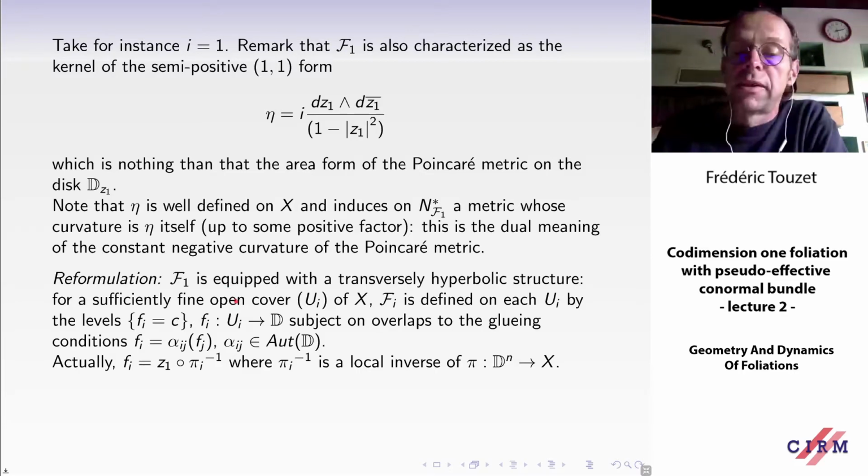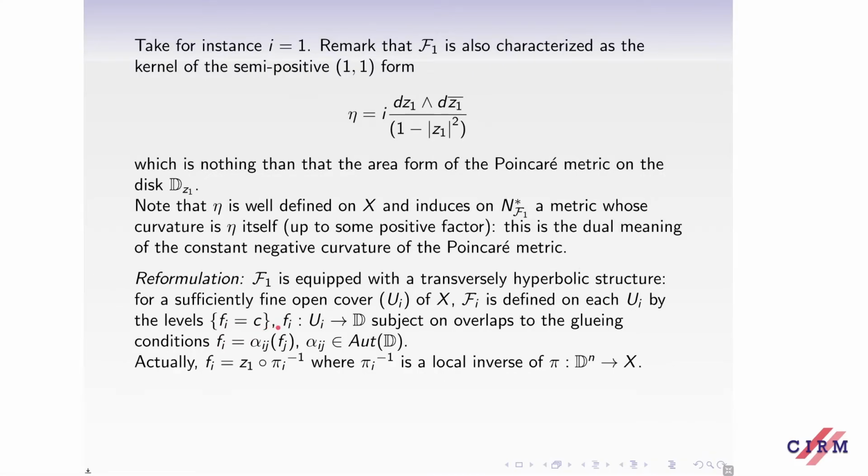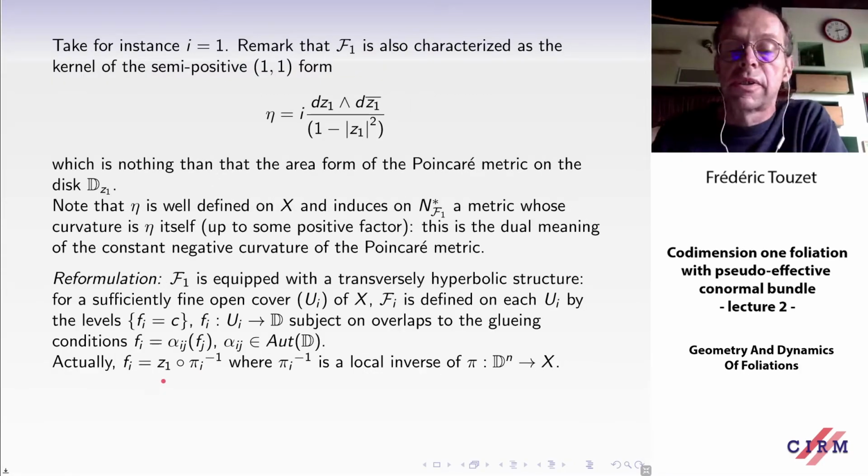That means that one can find collections of local first integrals, which are said to be distinguished first integrals, F_i, such that the F_i glue together following Möbius transformations of the disks, and the F_i are nothing but the original submersions given by z_i.